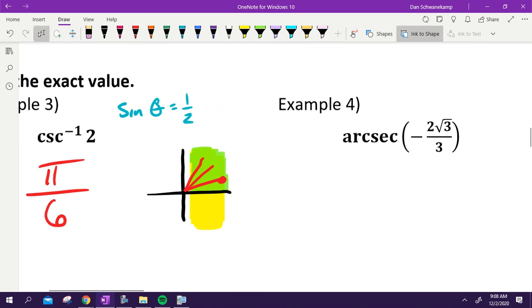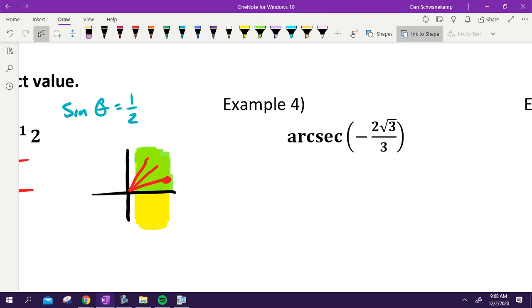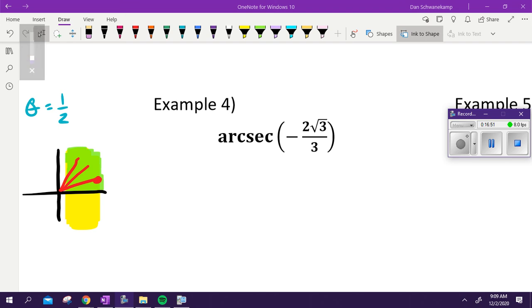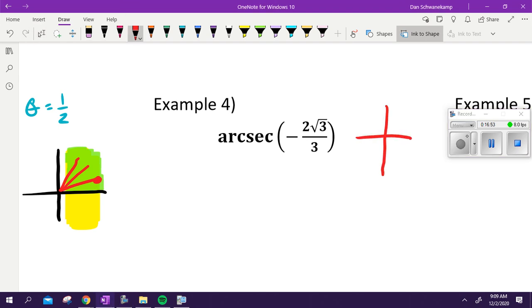Try the next one. A little bit tougher. It looks ugly. Don't let the ugliness throw you off. Read through all the garbage and think about what angle they're asking for. Arcsecant of negative 2 radical 3 over 3. Think about it. Here we go. If we're doing arcsecant, that is the same question as the cosine of some angle is going to get me this ugly garbage. Which two quadrants are we living in if we're doing cosine? 1 and 2. Which one do I really want if it's negative? 2. I'm really in quadrant 2, so I'm thinking about that one.